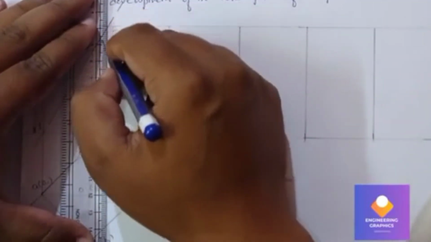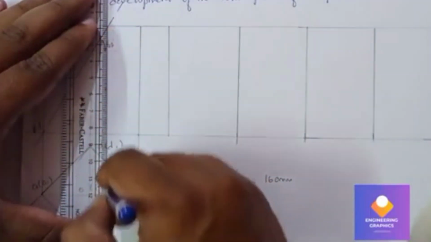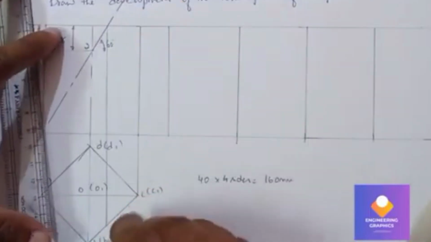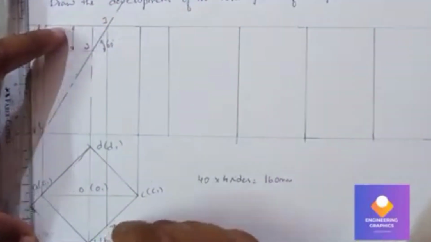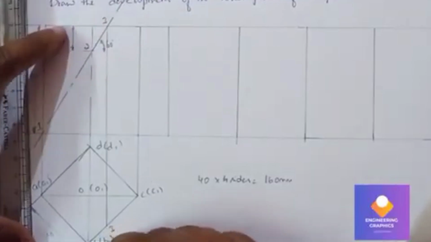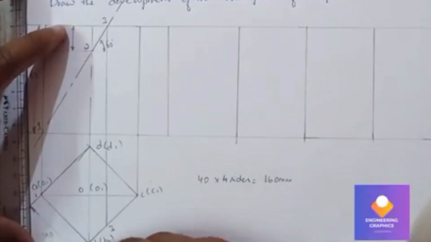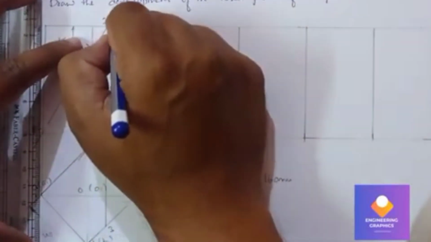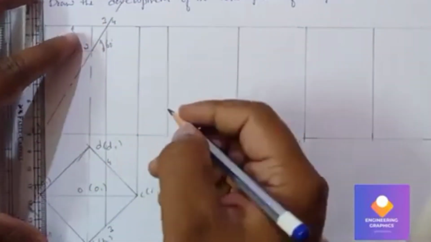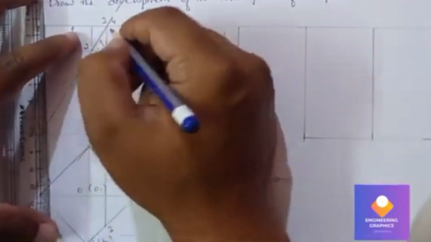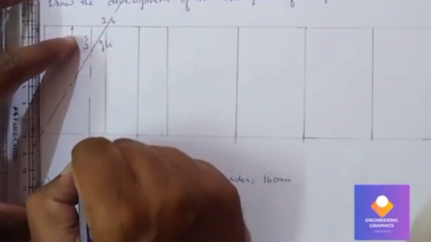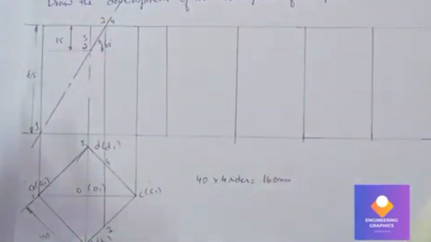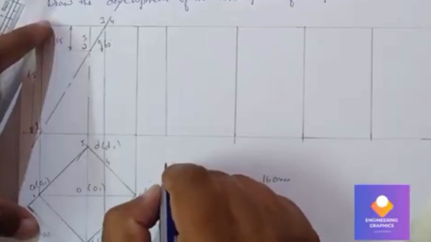Where exactly it is cutting the CD edge and BC edge, this is the point 3. And the same way it is cutting at the CD end, at 4 here, in between CD, and then exactly at the corner point D it is cutting there. So now we can join.